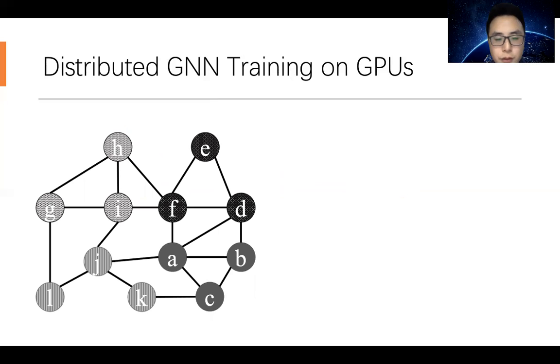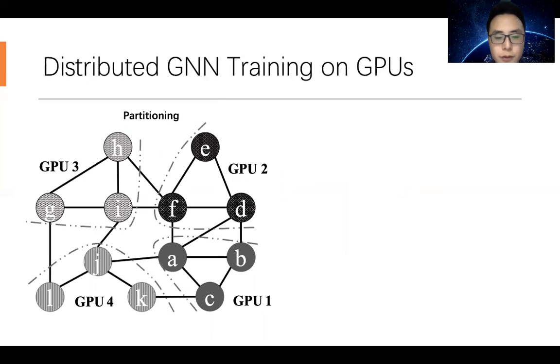In the distributed setting, we first partition a graph across several GPUs, and each GPU trains its corresponding subgraph. However, during the partitioning, we cannot avoid that the endpoints of some edges are partitioned to different GPUs.